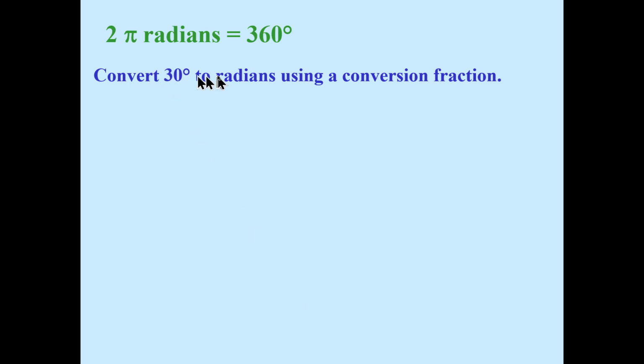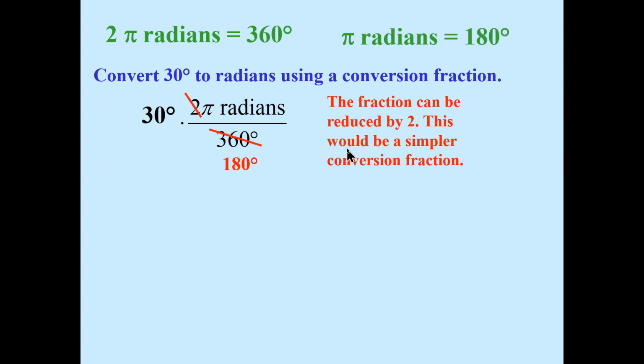Convert 30 degrees to radians using the conversion formula. So multiply 30 degrees times 2 pi radians over 360. Something's going to simplify here. You see 2 over 360 simplifies to 1 over 180. So pi radians halfway around is 180 degrees.